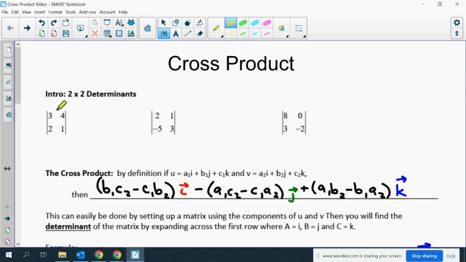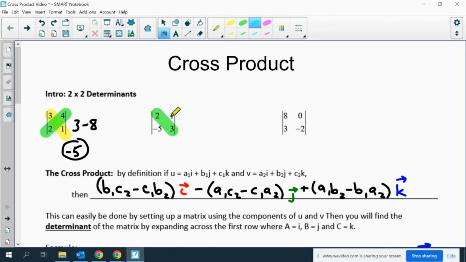So if we have a 2x2 matrix, 3, 4, 2, 1, in order to find the determinant, you would multiply the values going from top left down and subtract the values that are multiplied when you go from the top right down. So in this case, the determinant is 3 minus 8, or negative 5.